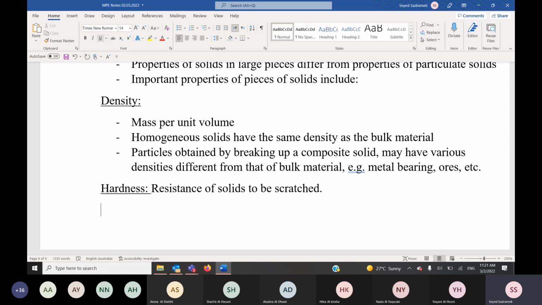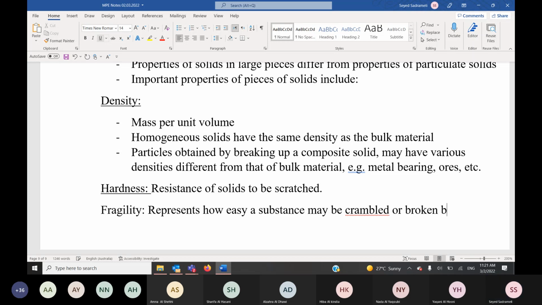Next will be fragility. It represents how easily the substance may be crumbled or broken by impact.